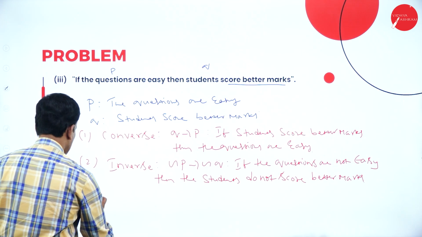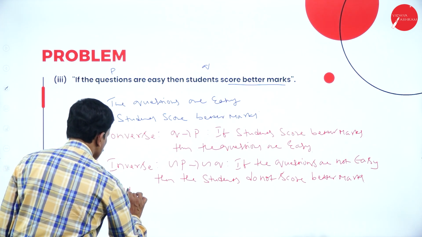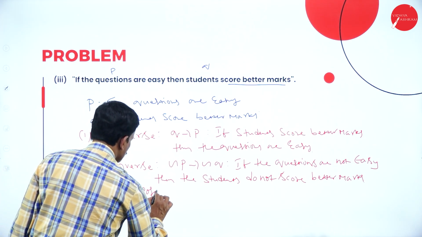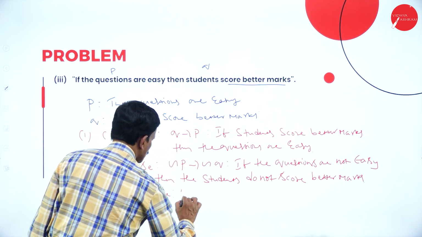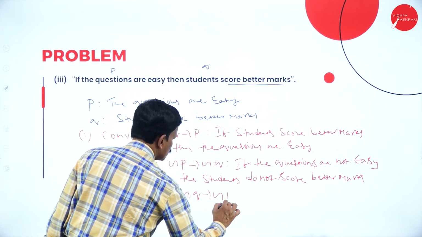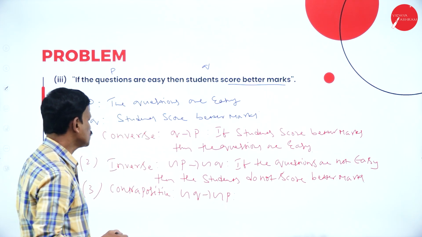And the last one, third one, is the contrapositive. What is that? Negation of q conditional to negation of p. What is negation of q?